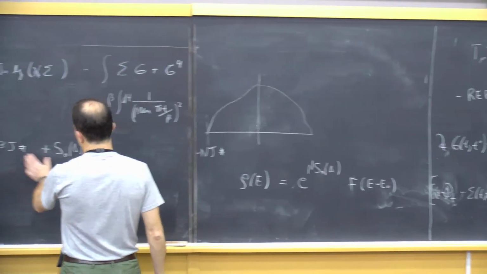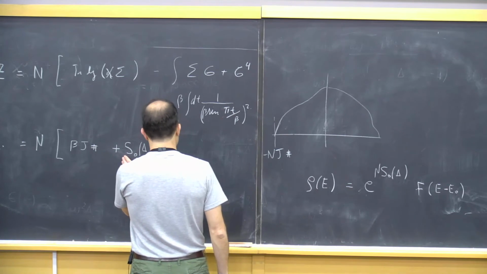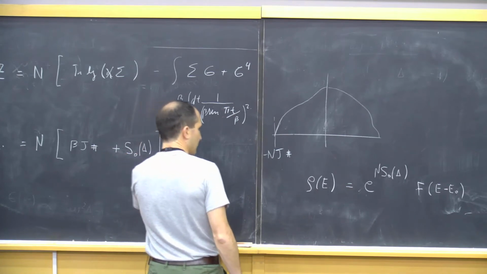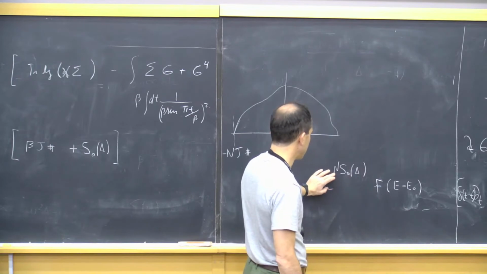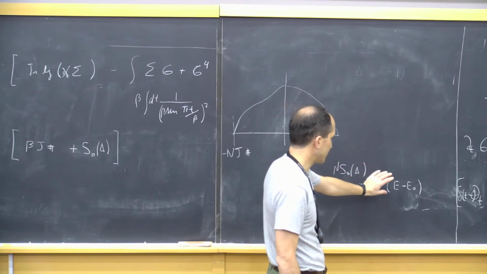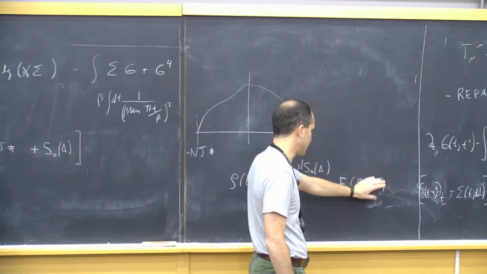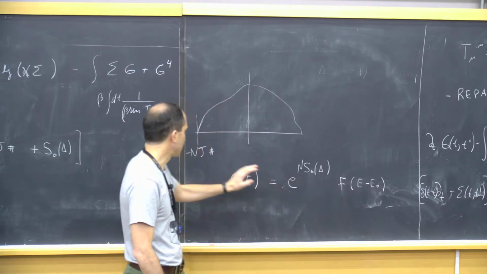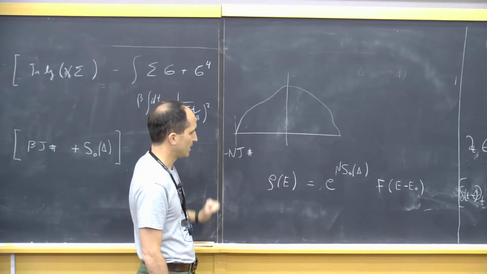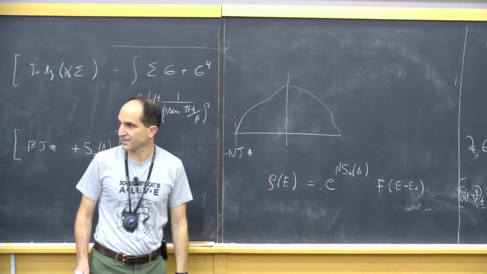So we have this constant to leading order in n. That's saying that when we write the density of states, we have this leading order in n piece, which is a constant, and then there could be a subleading order in n piece, which depends on energy. Okay, and that's the form that we can have here.